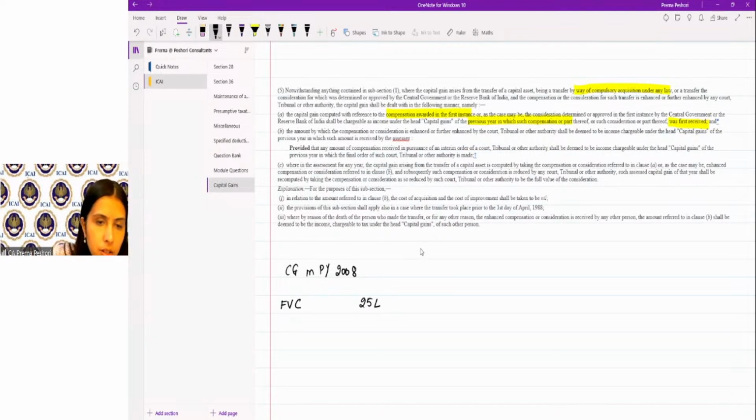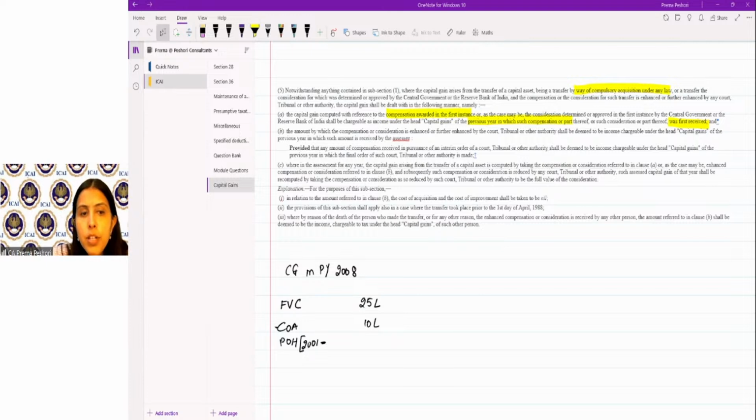The entire amount. Cost of acquisition, 10 lakh. Period of holding. From 2001 till, what will be my period of holding? What will be the period of holding?